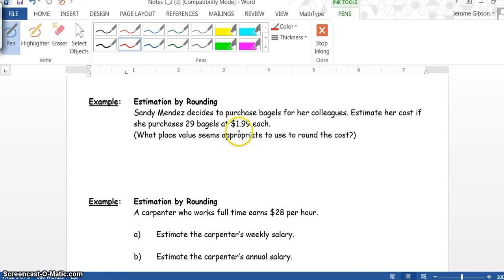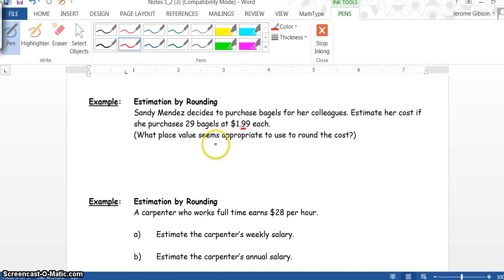The place value we're looking at is the first place value behind the decimal, which is 9, because we're going to round to the dollars. So we look at this 9. 9 is 5 or greater, so we add 1 to this 1, and that gives us $2.